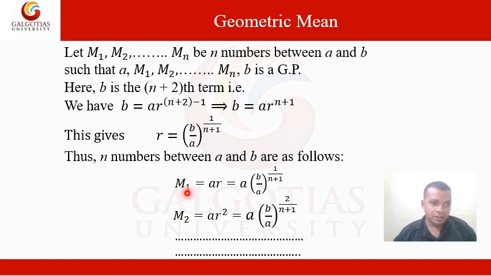So we can get the values of m1, m2, m3, m4, m5, m6 up to mn by putting the value of r into every term. In this way, I can get every geometric mean and every term of the geometric progression. By using this concept, you can also form a geometric progression.